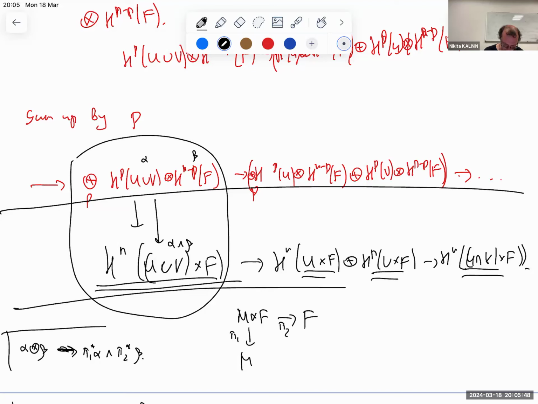Okay, that's how your map in the diagram is defined, from this red row to the black row.